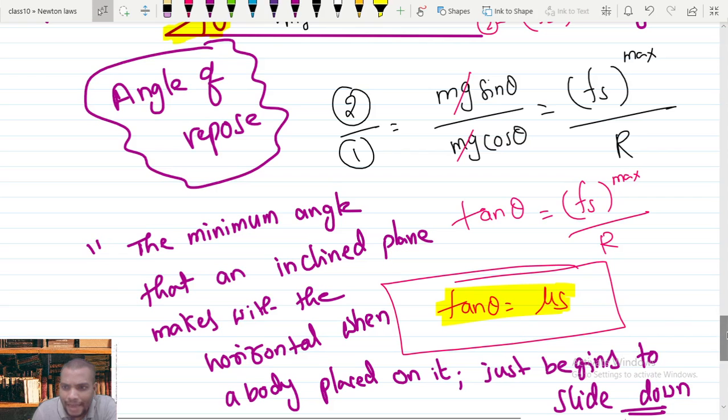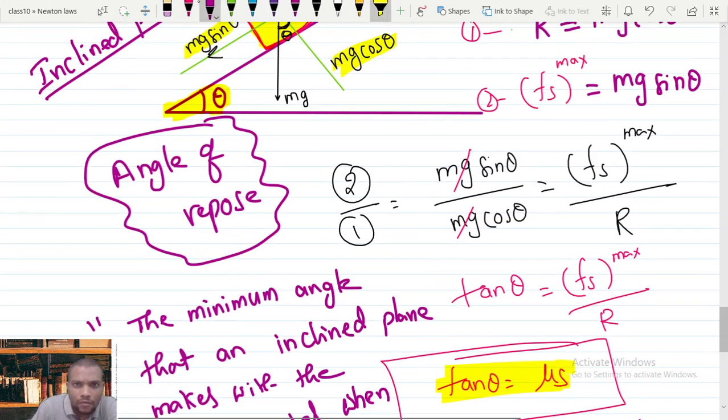So that minimum angle we call the angle of repose.